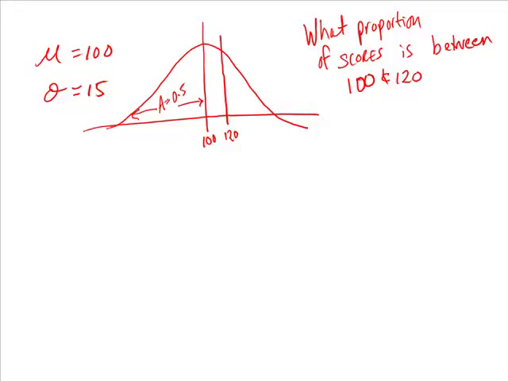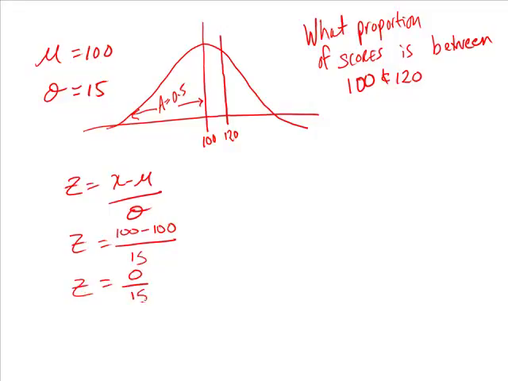Well, it's very simple. I know that my equation, z equals x minus m over sigma, z equals 100 minus 100 over 15. So my z is 0 divided by 15, which we know is 0. Okay. So when your x and your mean are the same value, you know that's a half.